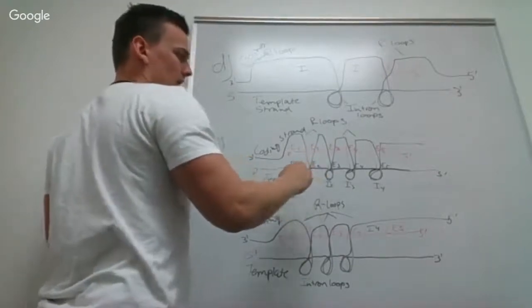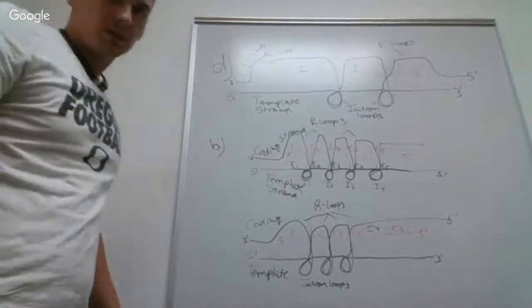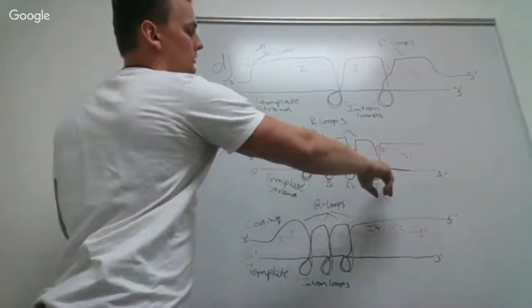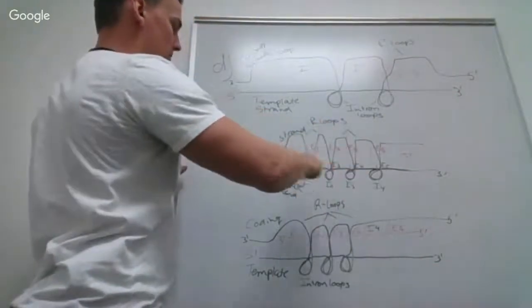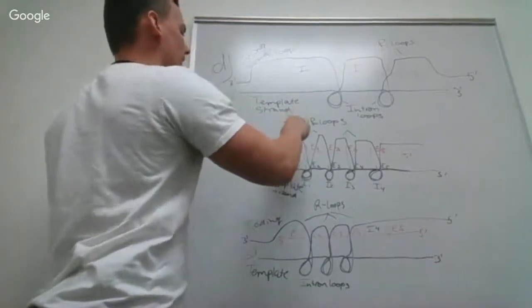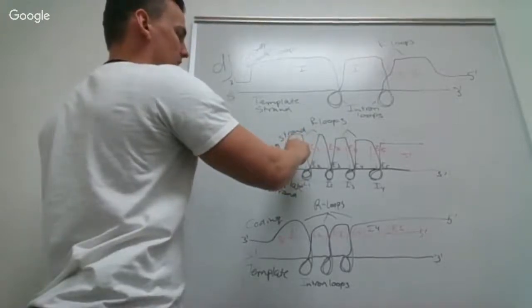Since all of the introns have been processed out of the mature mRNA, there are going to be 4 intron loops. Now for the coding strand, there's going to be an R loop wherever the exons are hybridized.